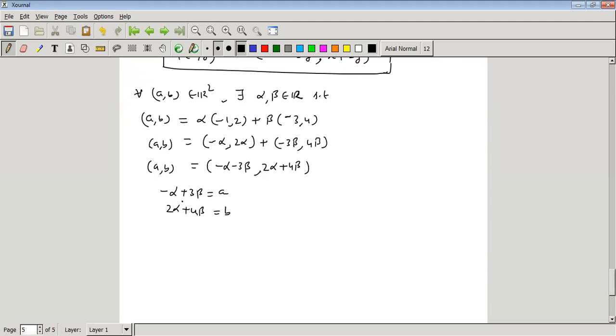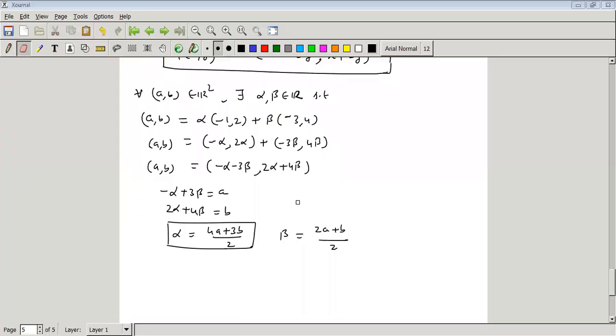So after solving this, finding the values of alpha and beta in terms of a and b, we get alpha equal to (4a plus 3b) by 2 and beta equal to minus (2a plus b) by 2, because here this is minus.